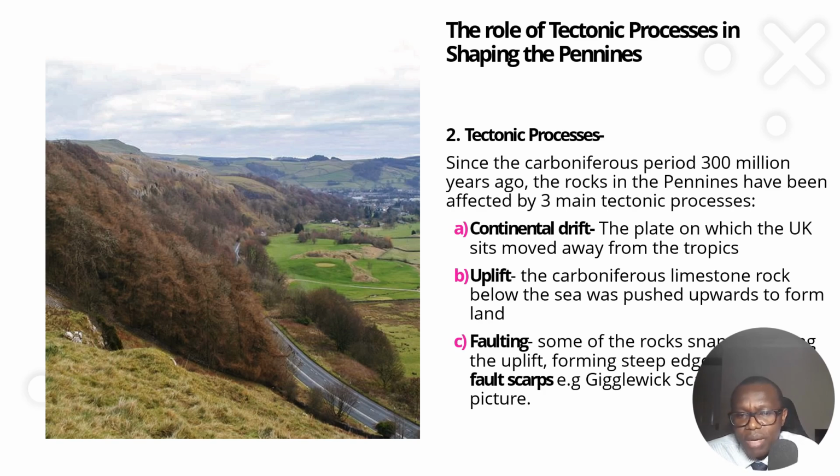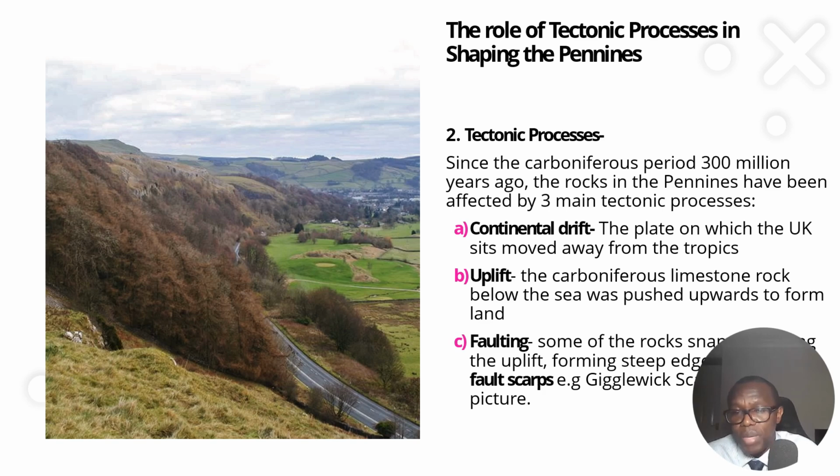And then the second tectonic process was uplift. As plates move, they can be pushed upwards, and this is what happened in this case. The Carboniferous limestone rock that was below the sea was pushed upwards to form land.